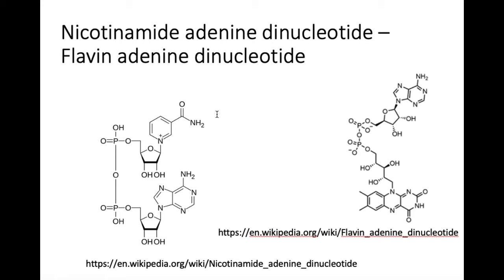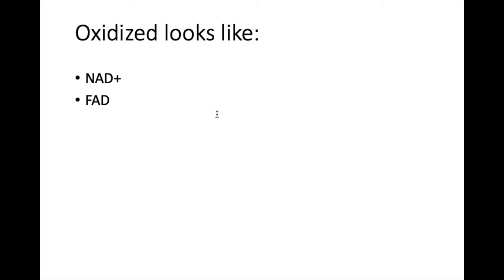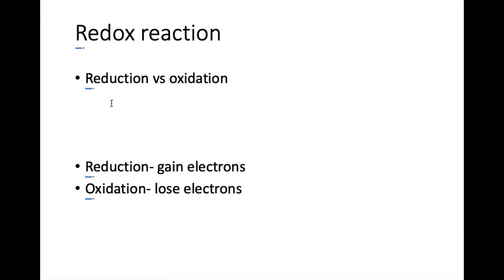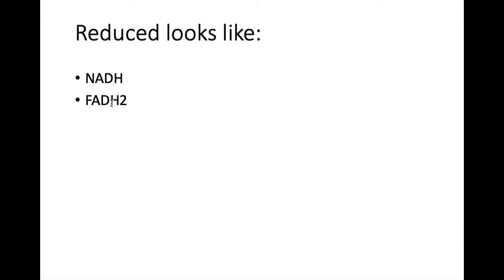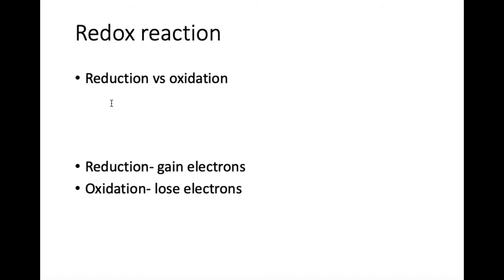All right, these are going to be either oxidized or reduced, and in their oxidized form, they're going to be written as NAD plus or FAD. In their reduced form, they're going to be written as NADH or FADH2. And if you don't know already, reduction is the gain of electrons, and oxidation is the loss of electrons.